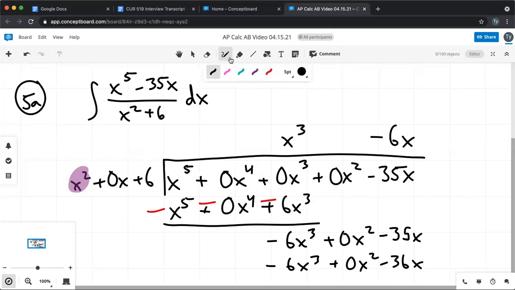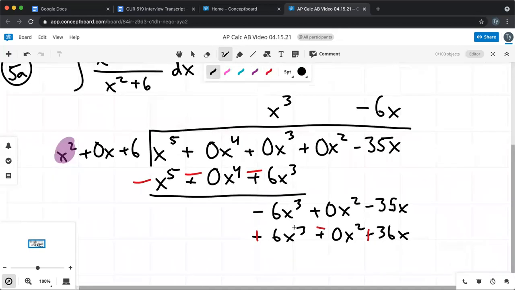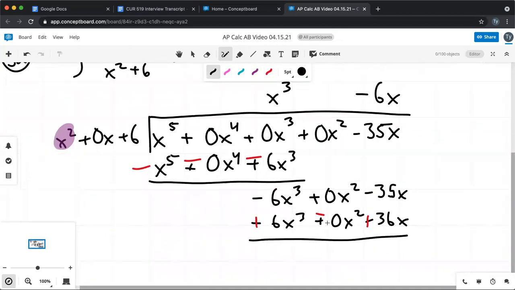And again, we don't want to add these. We want to subtract them. So we're going to flip all the signs. When we do that, we see these cancel out, these stay 0, and negative 35x plus 36x gives us a lonely x.